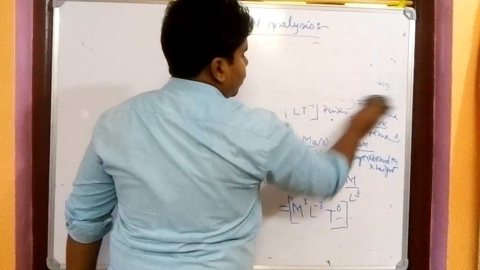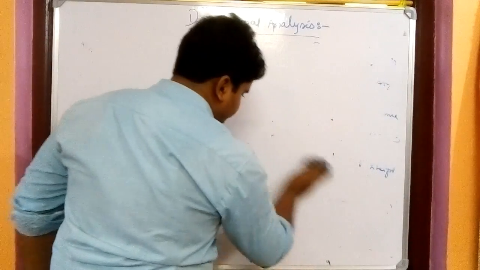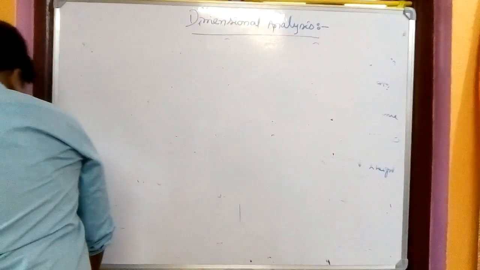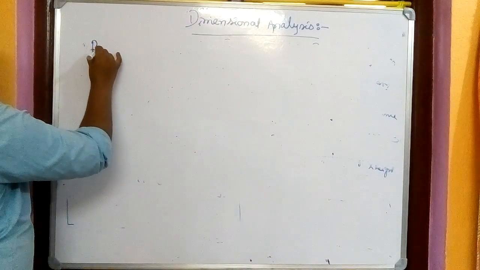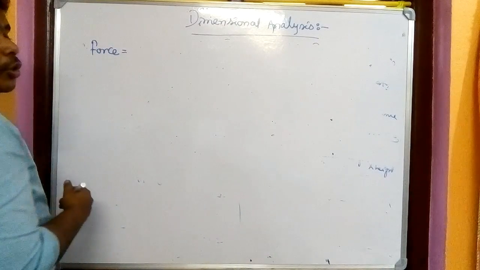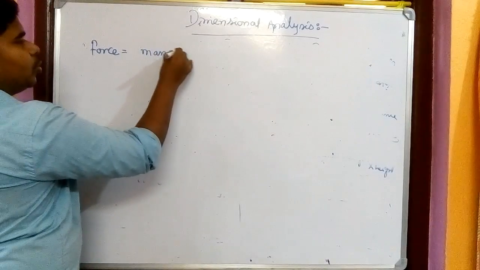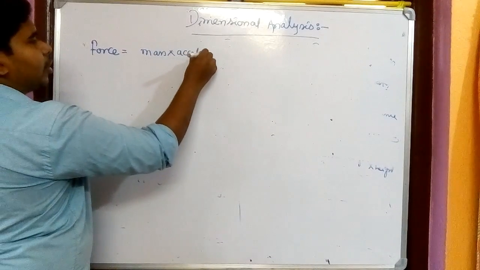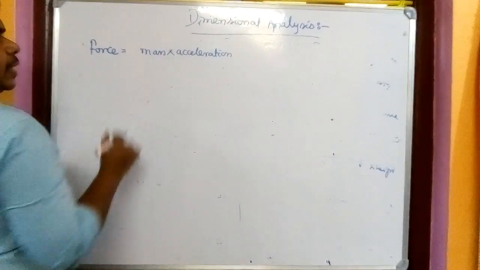Next, some examples of dimensional analysis. First we will come to force, the dimensional formula of force. Force is mass into acceleration. What is acceleration?